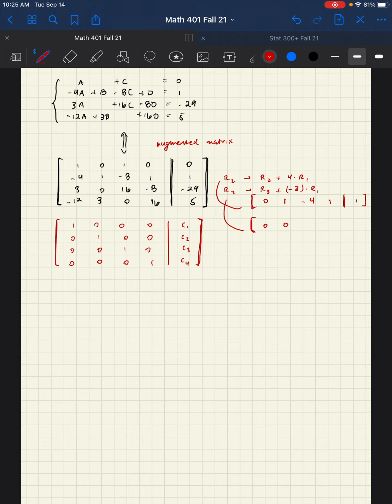Negative 3 times 0 is, okay, so we get zeros again. Negative 3 times 1 is negative 3, plus 16 is 13. The 0 again doesn't change what we have there. And then negative 3 times 0 is 0, again. That doesn't change, all right. I don't want to do any more than that in one step.